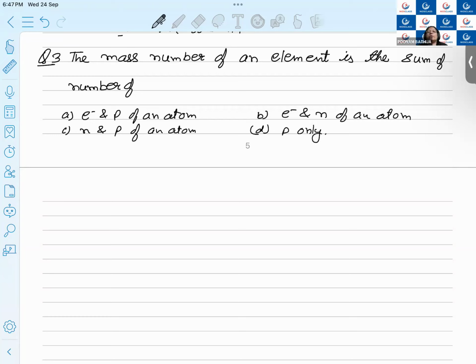Just in the previous question, we have done this. Anyone can answer? In question number 2, the same thing we have done. Atomic mass is sum of neutron and proton.